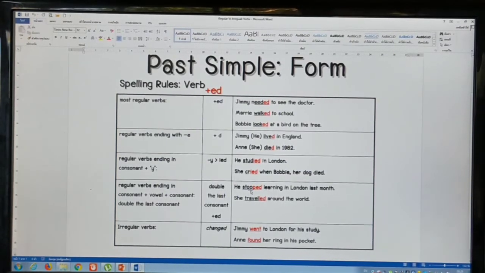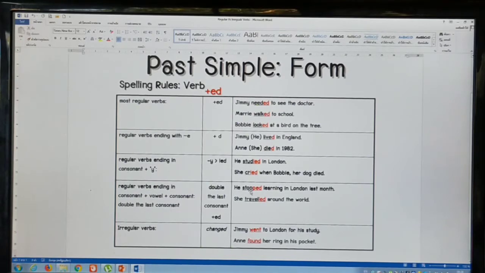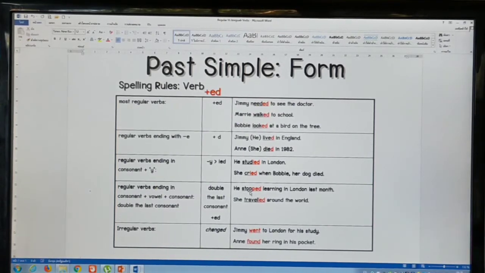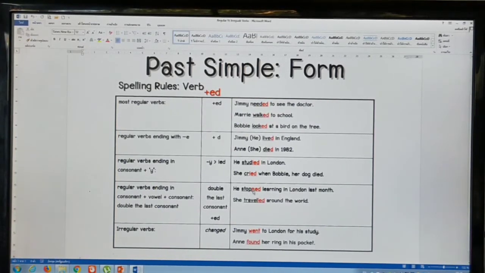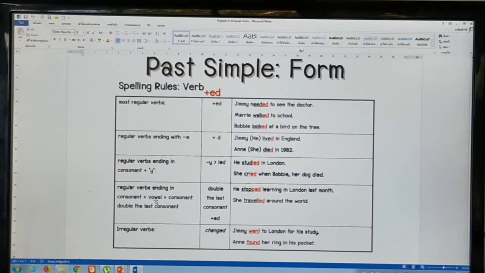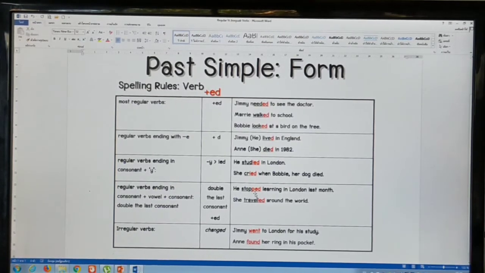In verb 1, it is spelled as stop. That's why you have to double the consonant p and add ed, because it ended with consonant, vowel, consonant. T is consonant, O is vowel, P is consonant. So double P and add ed.